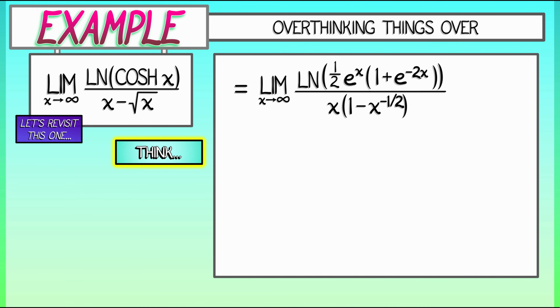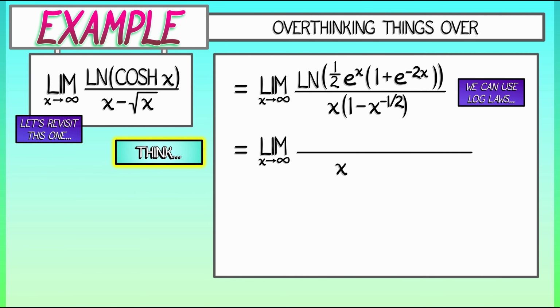Now what we can do is use logarithm laws to simplify that numerator. The log of the product is the sum of the logs. So we have the limit as x goes to infinity of that denominator again. In the numerator, we have log of e to the x, that's x, plus log of 1/2, that's minus log of 2, plus log of quantity 1 plus e to the minus 2x.